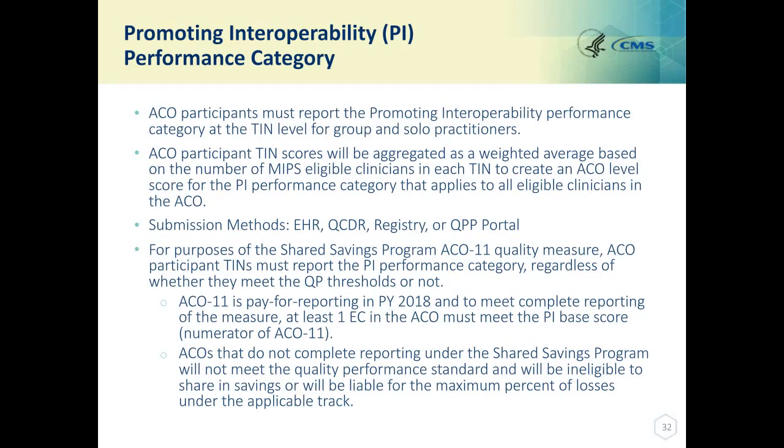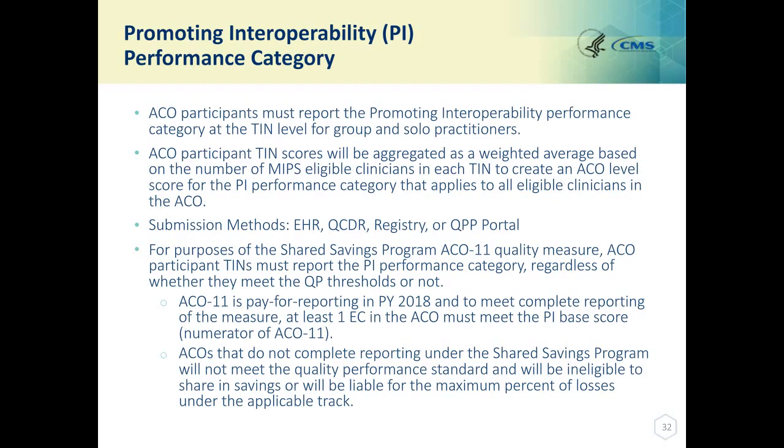For purposes of the Shared Savings Program ACO 11 quality measure, which is required even for QPs, the ACO participant TINs must report the PI performance category regardless of whether they meet the QP threshold or not. This measure is paid for reporting in 2018, and to meet this complete reporting requirement, at least one eligible clinician in the ACO must meet the PI base score, which is the numerator of ACO 11.